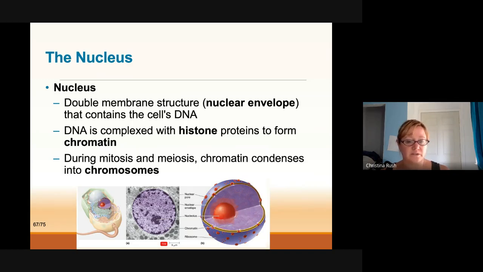During mitosis, which is cell division for identical daughter cells, and meiosis, which is when we have the sexual genetic transfer of two different types of eukaryotic cells for non-identical daughter cells, chromatin will condense into chromosomes.